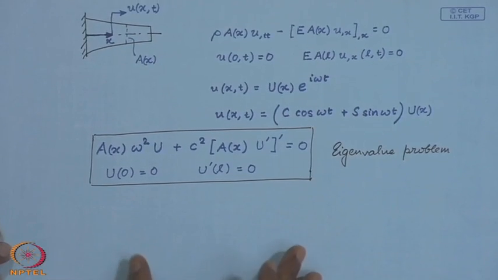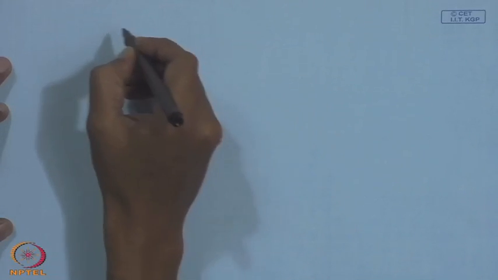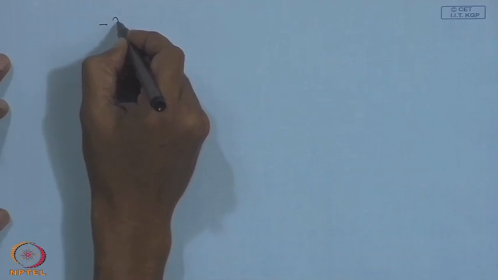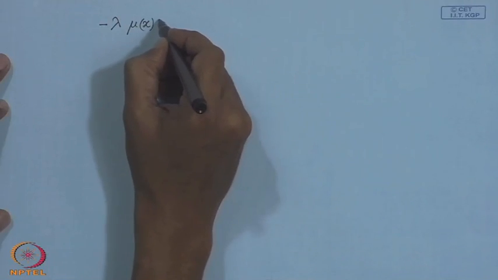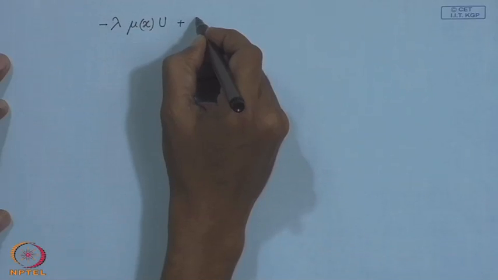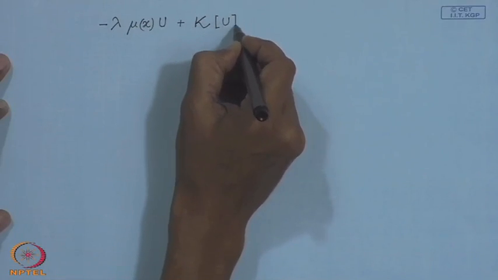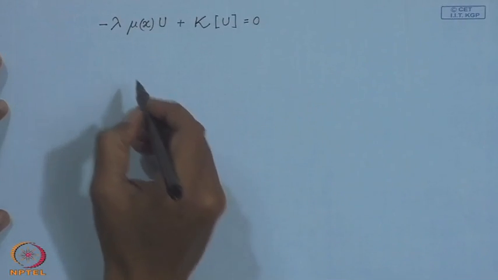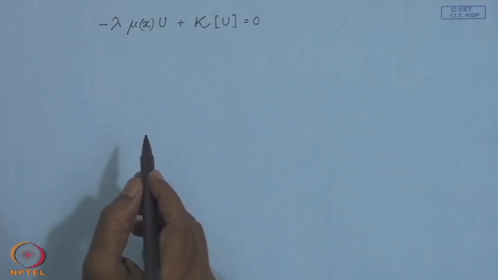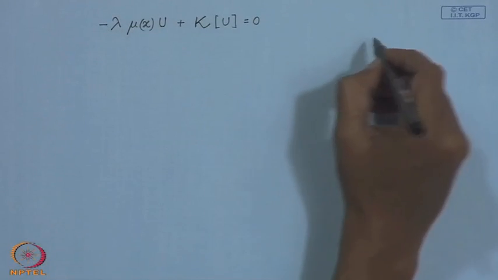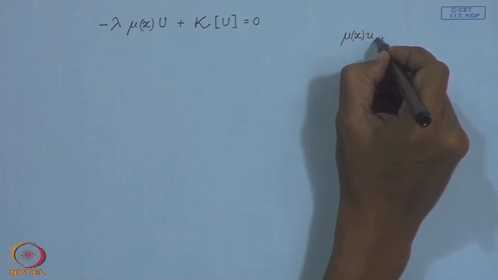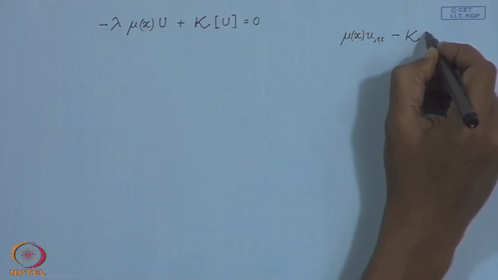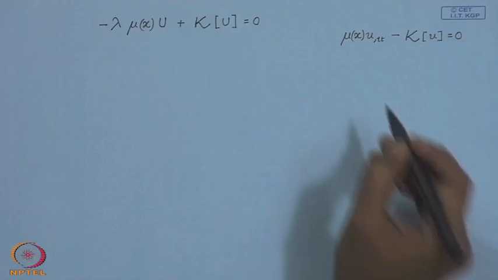Now, we will represent this in a slightly abstract form in this manner, where our equation of motion can be written like this.